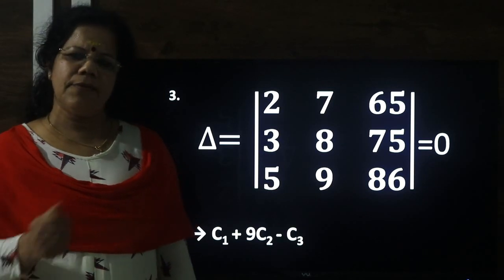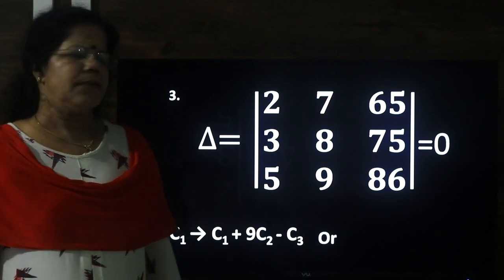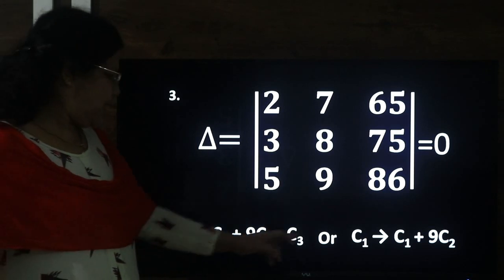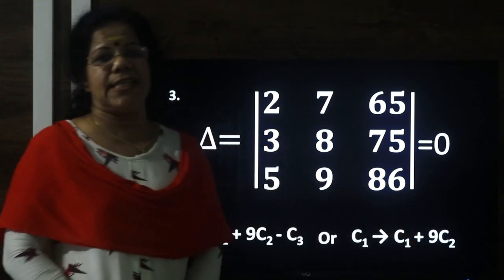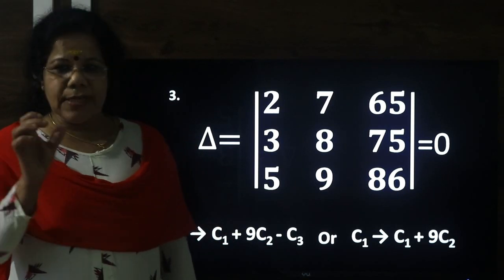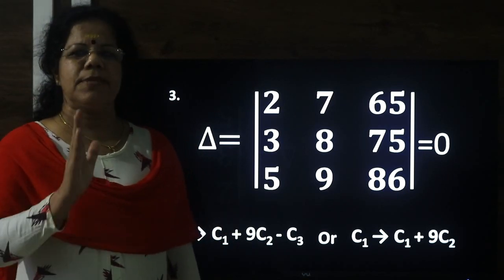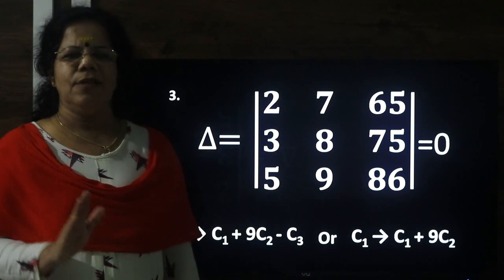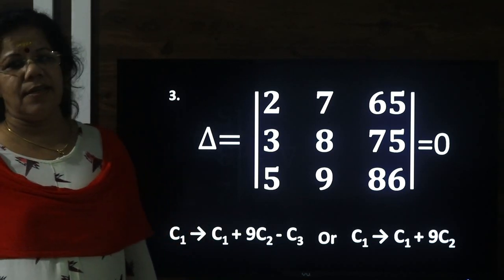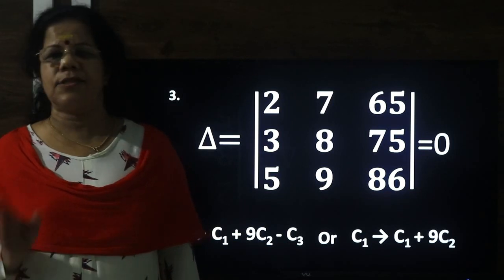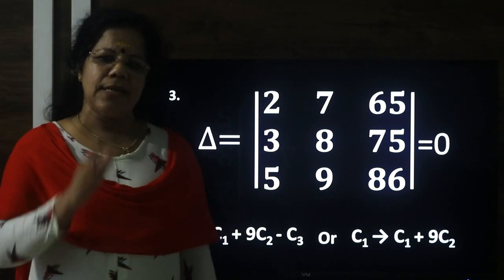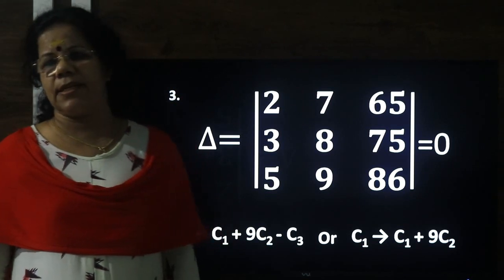I told you some other way how it can be done. Again only C1 changes. C1 changes to C1 plus 9C2. What will happen? With this operation, C1 becomes 65, 75, 86, which is identical with C3. So in the second case, we say C1 is identical with C3, so the value is 0. In the first case, C1 becomes 0, so delta is equal to 0.